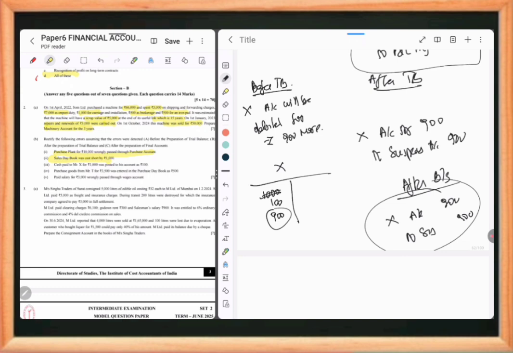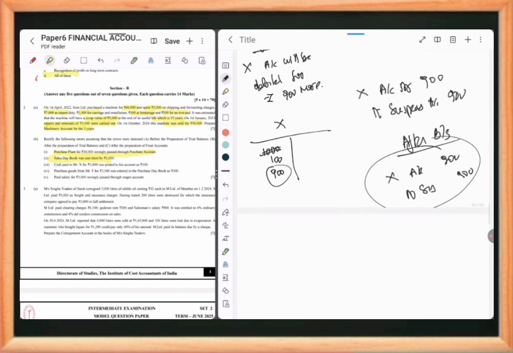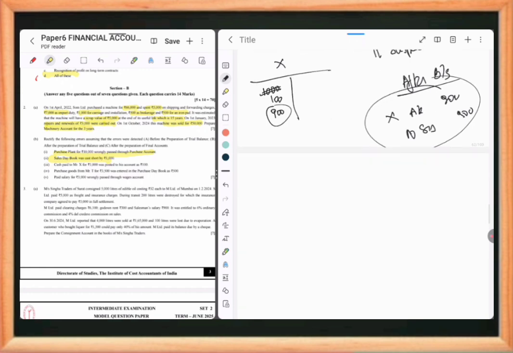And then purchases of goods, number 4. Purchases of goods from T for rupees 3,500 was entered in the purchase day book as rupees 500. That means what? Actually we have to pass the normal entry. If we purchase, what will be the entry? Purchases account debit to party. If it is credit purchase, that is party account should be credited.